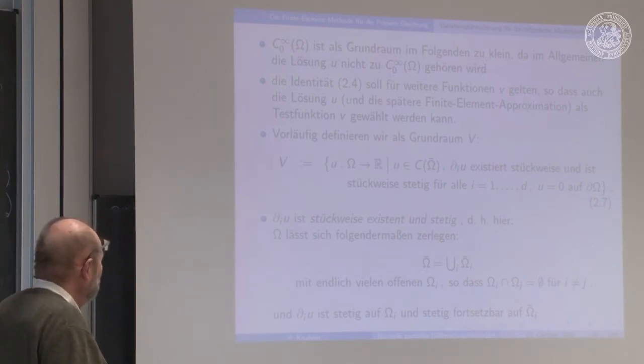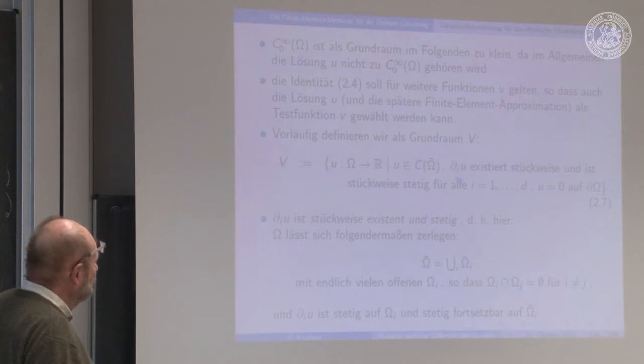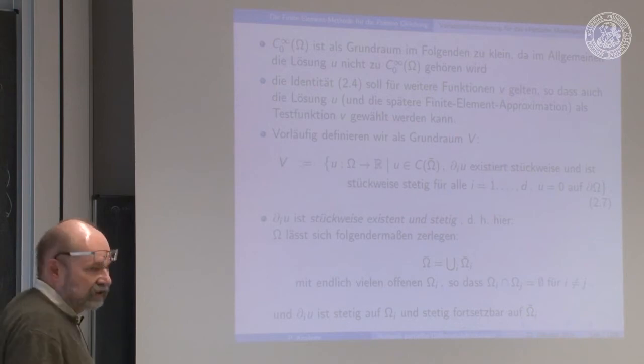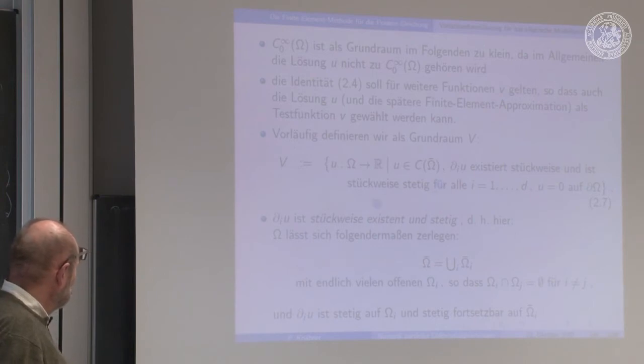So my first attempt is that I take functions which are continuous up to the boundary, and I want the partial derivatives to exist piecewise and to be piecewise continuous. And what shall piecewise mean? It shall mean that I can subdivide the omega into a fixed finite set.